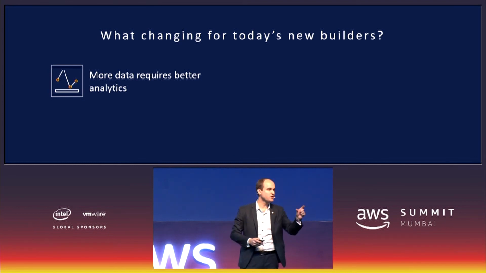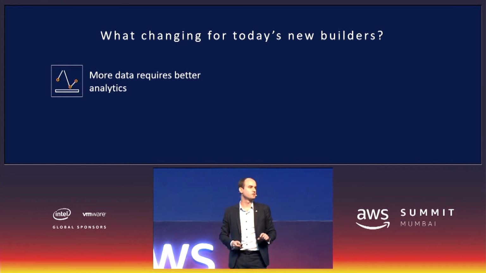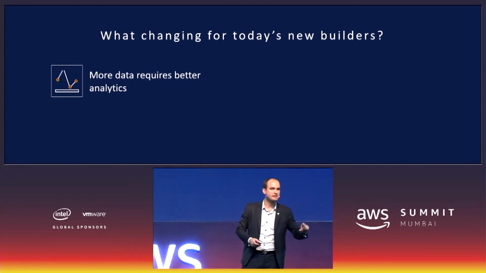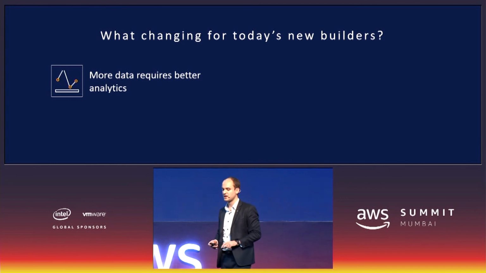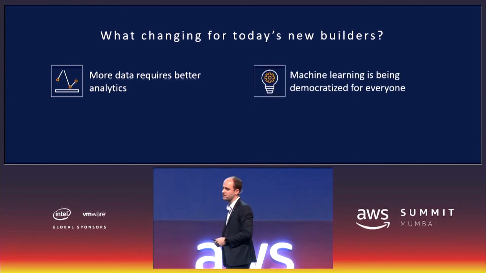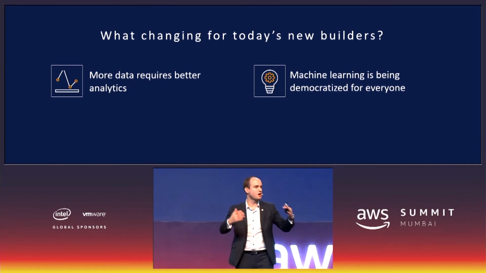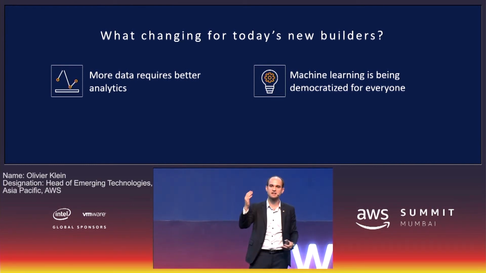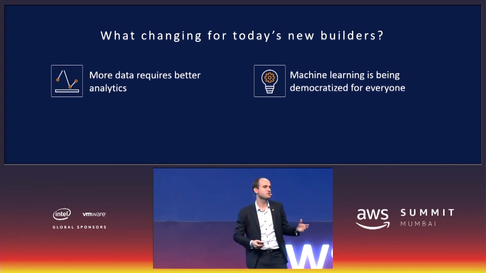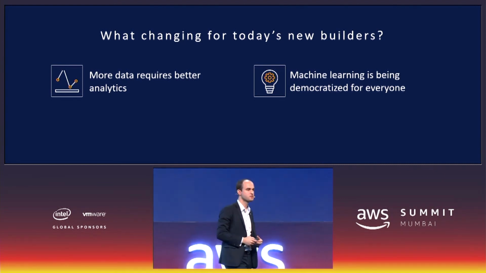So look at those modern data architectures that we talked about today on how those services can help you to focus more of your effort on analytics rather than on data preparation. And then when you've done that, build machine learning models around it. We want to democratize machine learning for anyone to use, any developer, any data scientist.